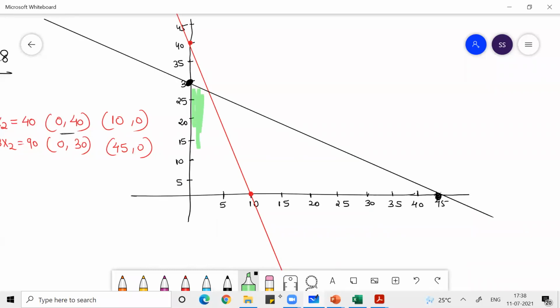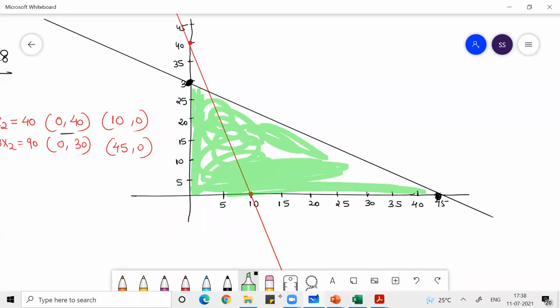The area corresponding to the second line, because it is less than or equal to, will be this. This is the area which corresponds to the second line.